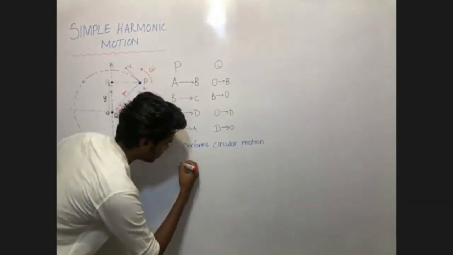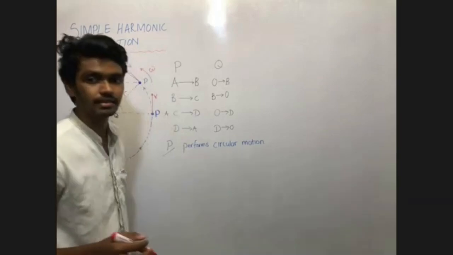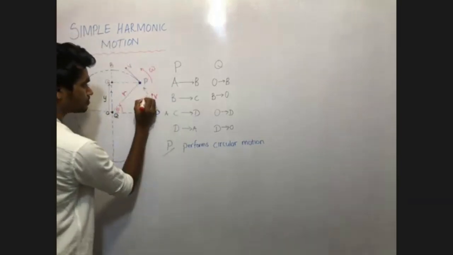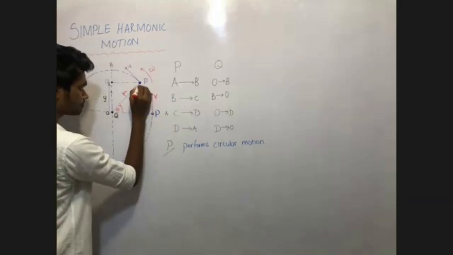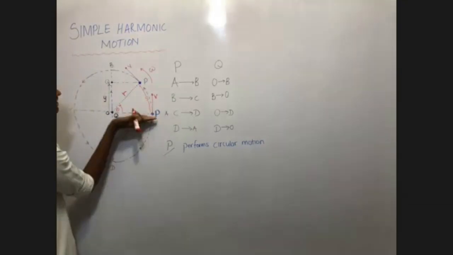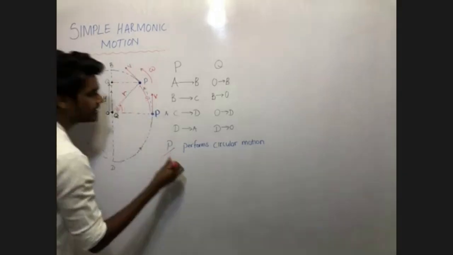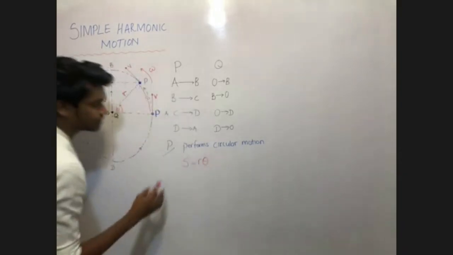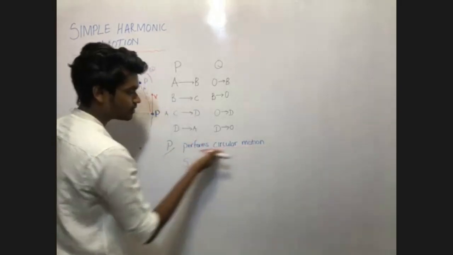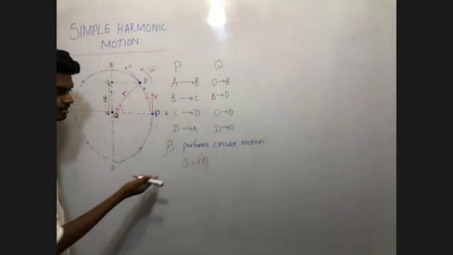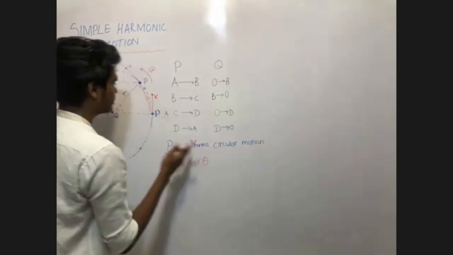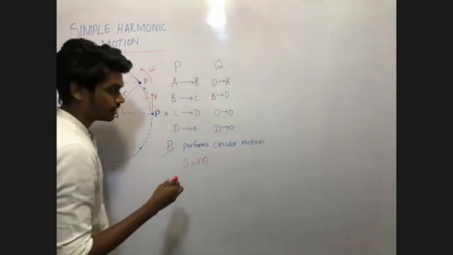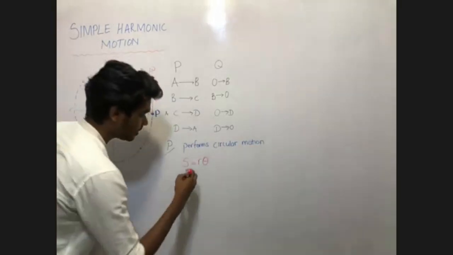So what are the required things? If this arc length is S, we can write S is equal to R theta. So these are the equations corresponding to circular motion. I hope you guys are okay with that. S is equal to R theta. And also V is equal to R omega.